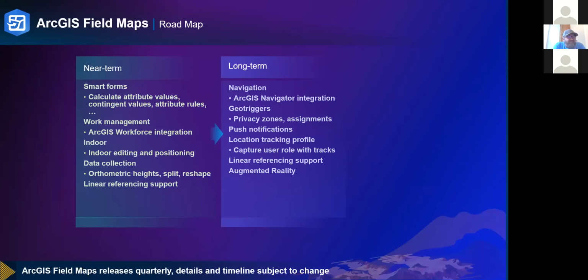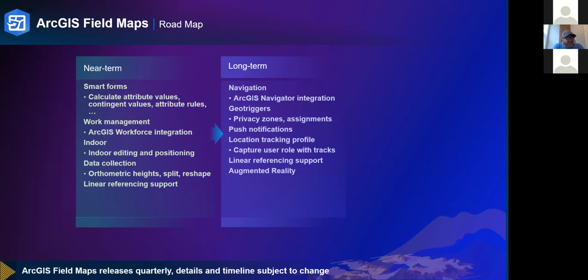Other attribute rules, things that you can do now within ArcGIS Pro, we want to make available in the Field Maps application. We're still working on integrating the Workforce application, more indoor editing and positioning for ArcGIS Indoors. Regarding data collection, split and reshape of polygons, and capturing orthometric heights. Another thing for folks who work in departments of transportation and use linear referencing is adding support for LRS for roads and highways implementations.